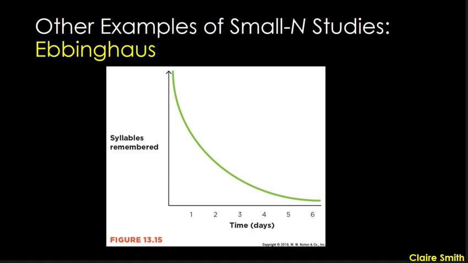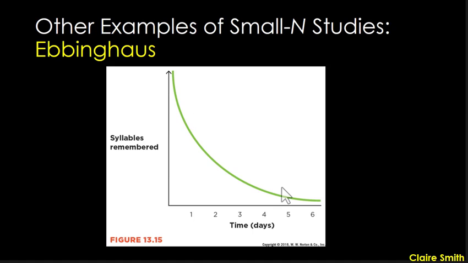Another example, Ebbinghaus. You probably heard of Ebbinghaus. Herman is an experimental psychologist who looked at memory, the amount of syllables that could be remembered, and what's it called again? The forgetting curve, right? In any intro to psych textbook, I'm sure you've seen Ebbinghaus. He just did experiments on himself to see how long he could remember syllables, different memory tasks.